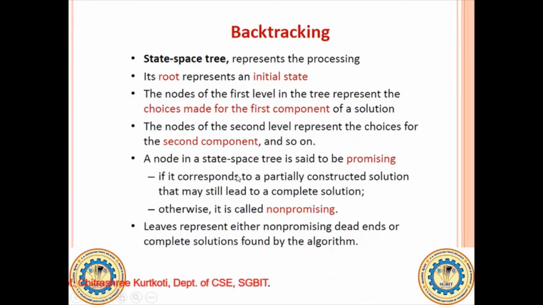So a node in a state space tree is promising if it corresponds to a partially constructed solution that may lead us to the complete solution. Otherwise, a node or component which we have selected that is not leading us to the complete solution is called a non-promising node.